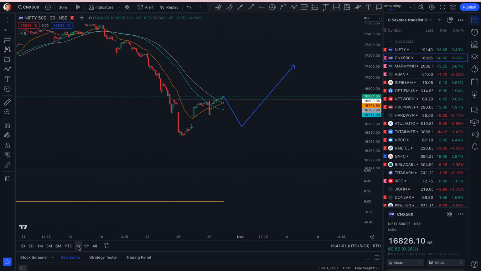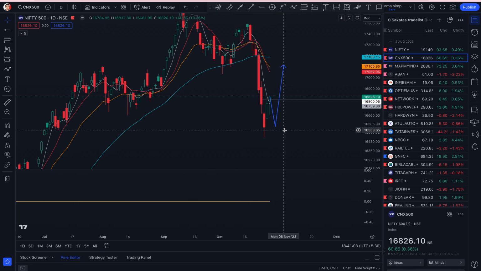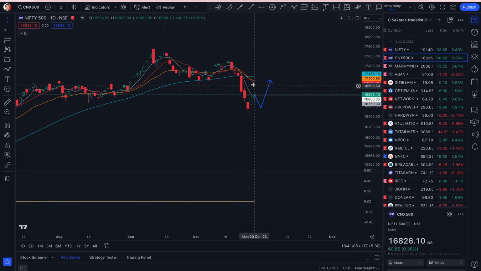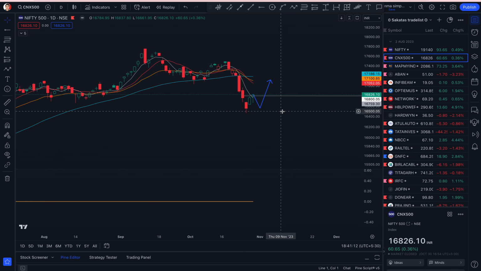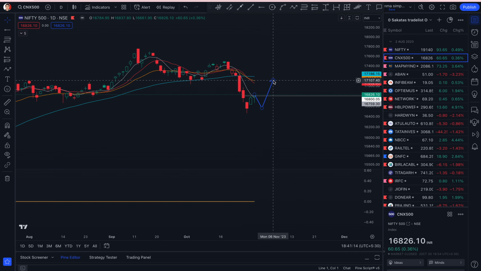Okay. And if that happens, the bounce could then go at least till the 50-day moving average, or the 10/20, which is now sloping down, right? And that will definitely act as a resistance.